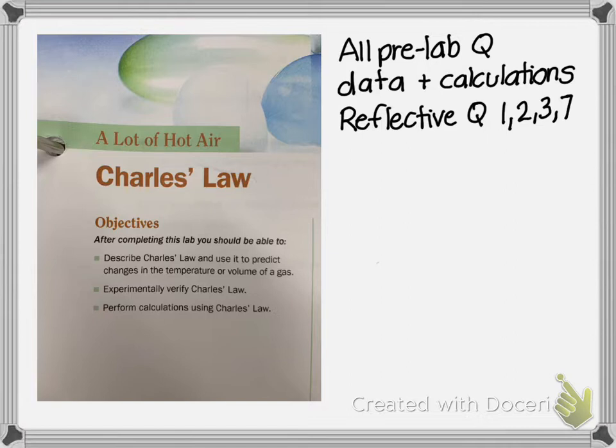If you don't have any access to a way to make your pages into a PDF file, as an alternative, you could retype the answers to your pre-lab questions, your data, your calculations, and your post-lab questions or reflective exercises in a Word document, save the Word document, and upload the Word document into the assignment in Canvas.